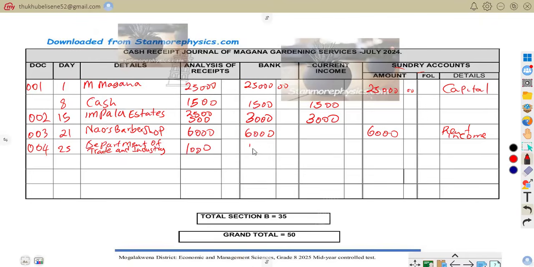So this 1,000 is going to go into our bank account and under sundry accounts, because you don't have a column for donation. So we show it as 1,000 for donation.